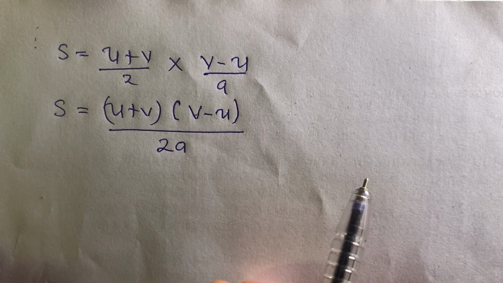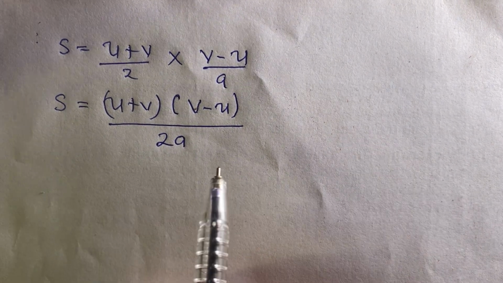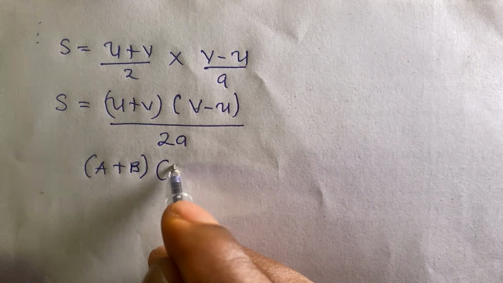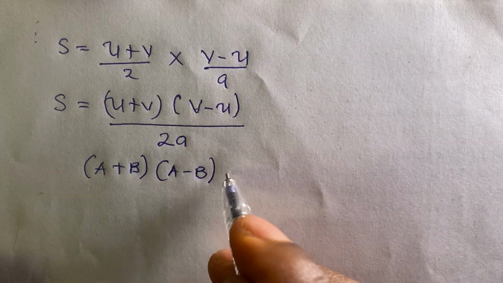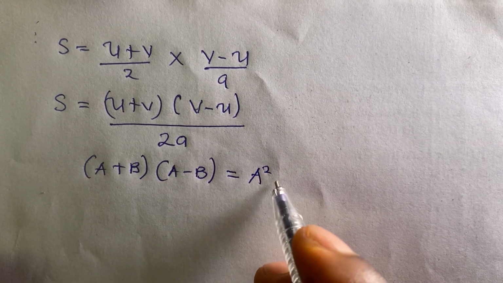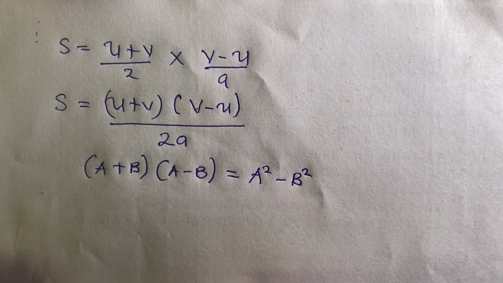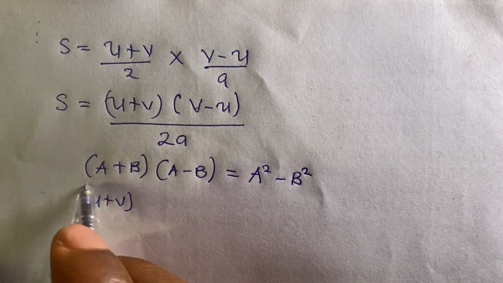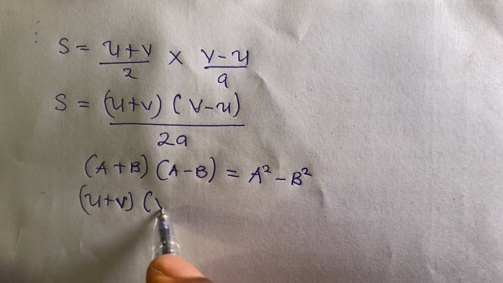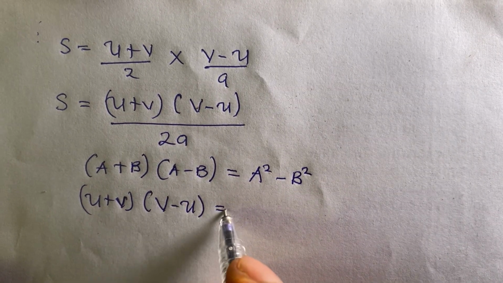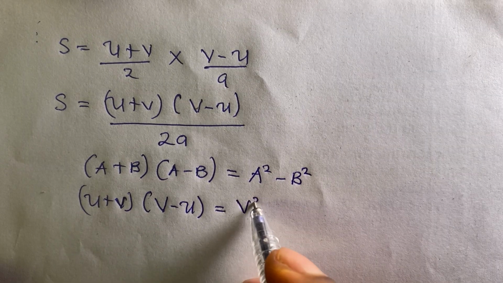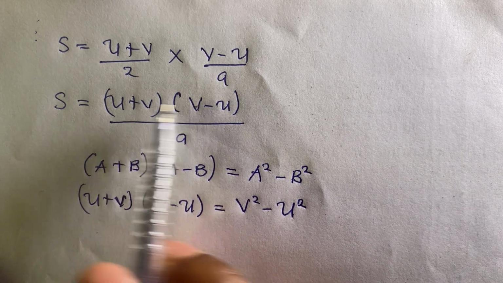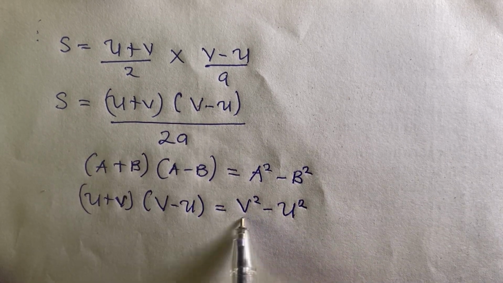Now mathematically, remember, if you have a plus b times a minus b, you know this is equal to a squared minus b squared. So this implies that u plus v times v minus u is equal to v squared minus u squared. Another way you can do it is that if you open this bracket manually, you're going to arrive here.